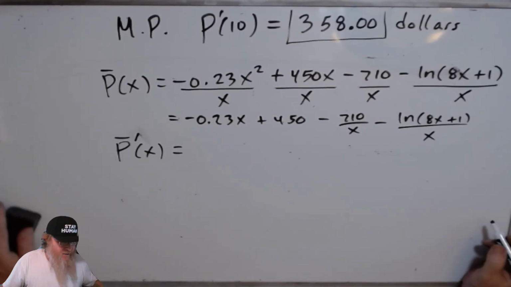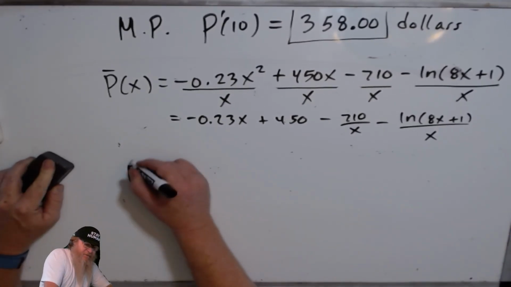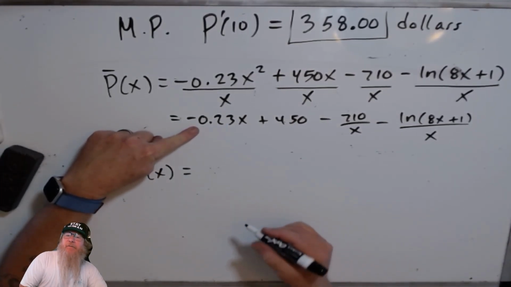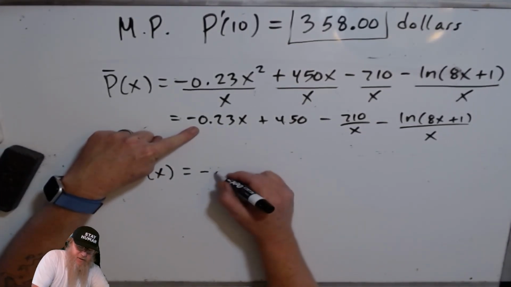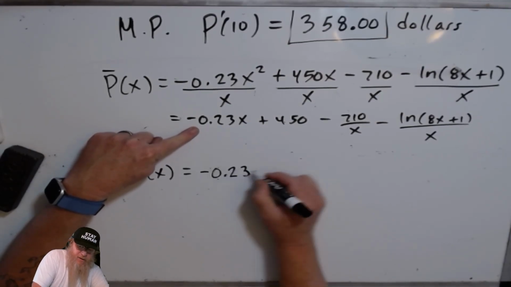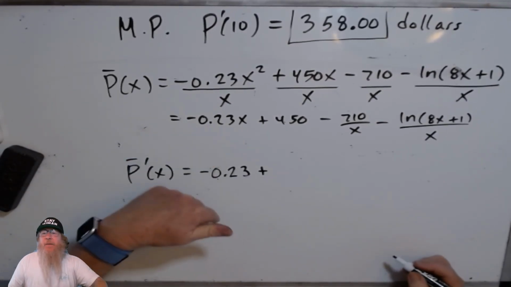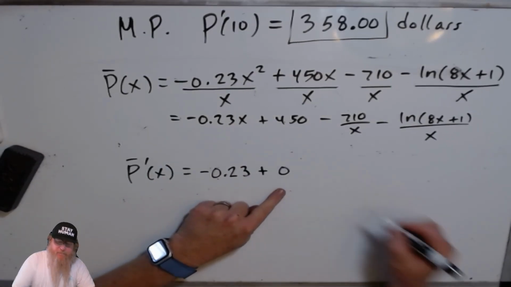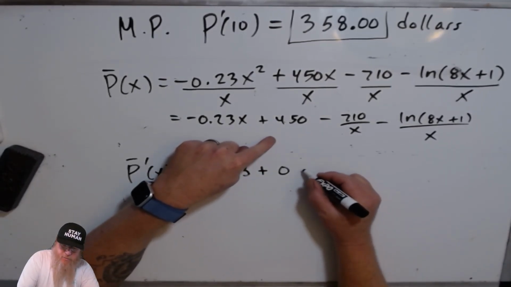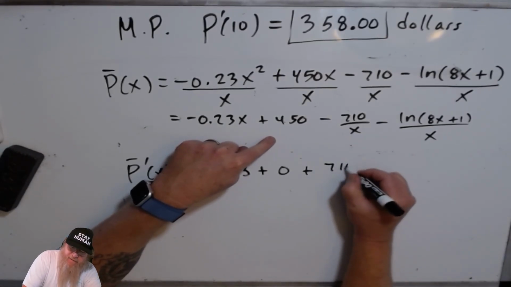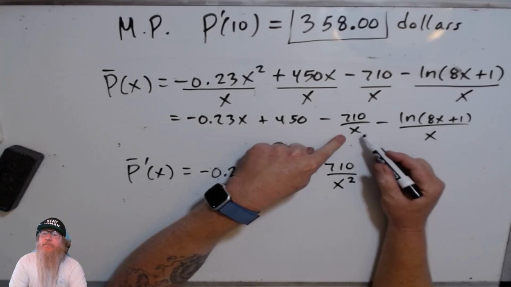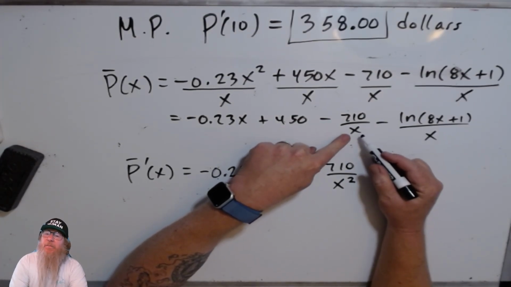So then when you take the derivative, it's a little bit easier. The derivative of the first term, it's just going to be the constant, 0.23. Right? The x drops off. The derivative of the second term is 0. The derivative of the next term is 710 over x squared. Remember, that's a reciprocal.